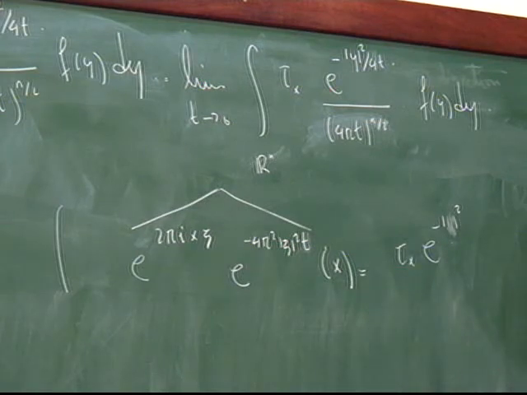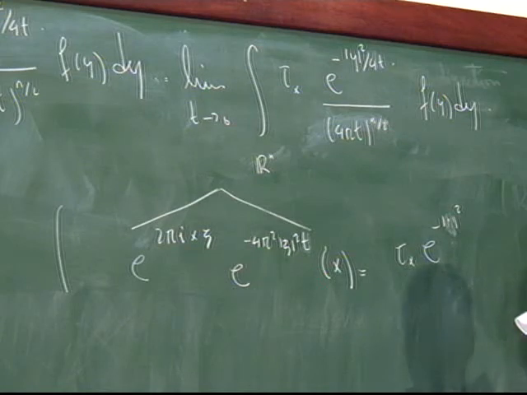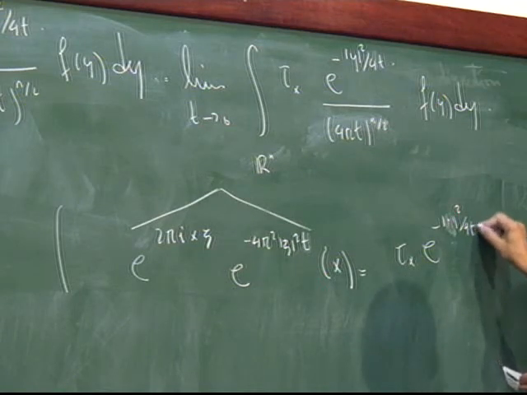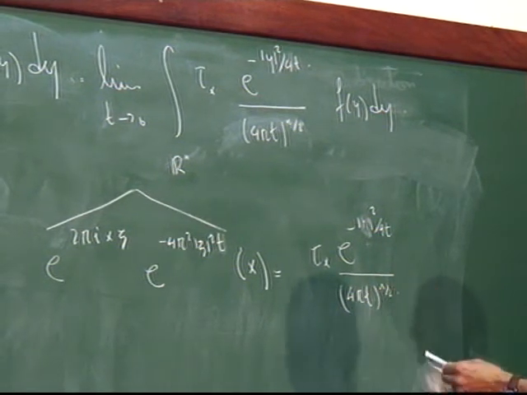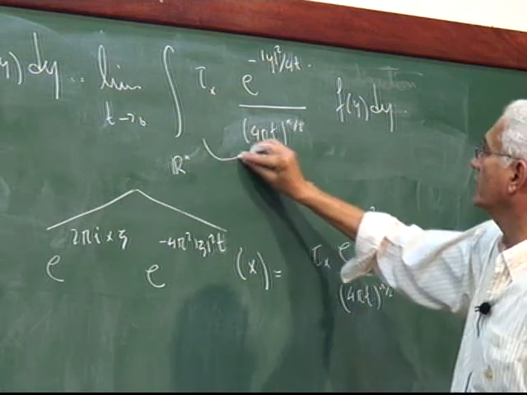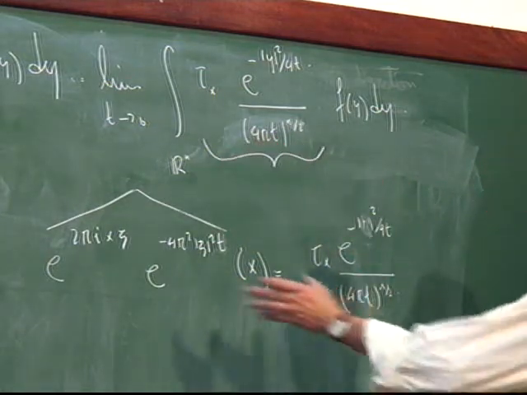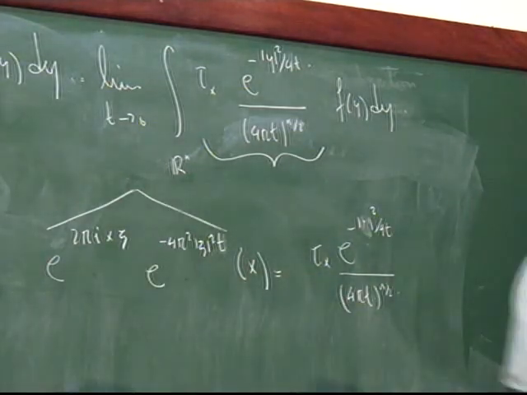Okay, where is the y? Is it the translation in x of this function? Then what I'm saying is that this function that you have here is just the Fourier transform of this one. Okay, let's see that this is true.